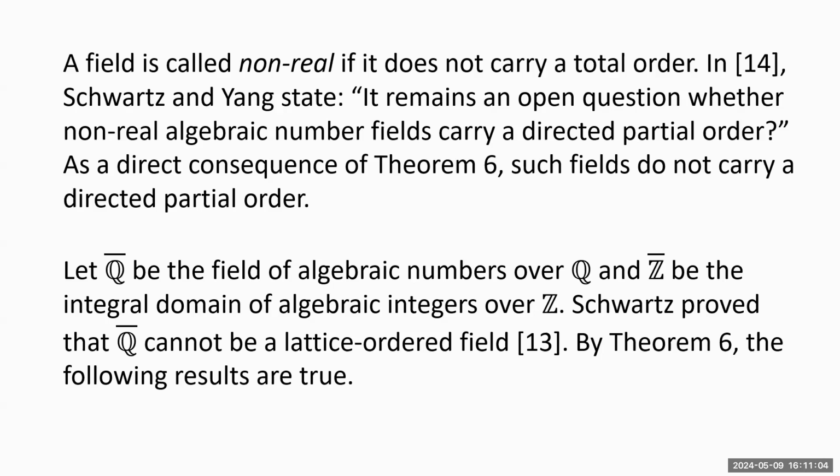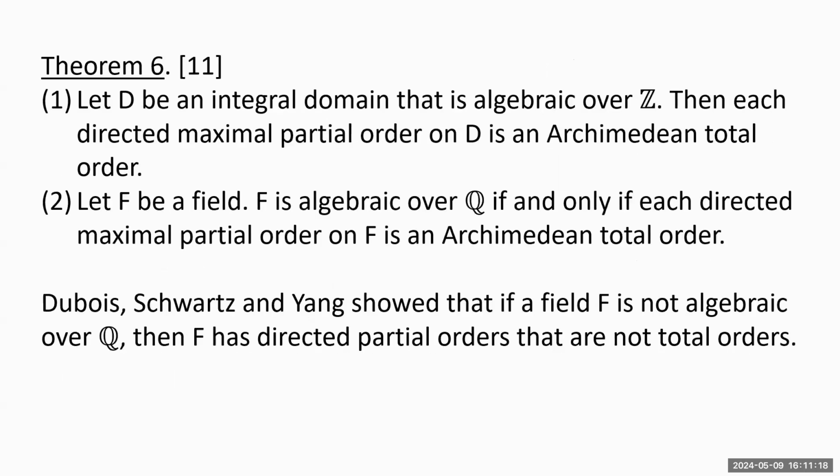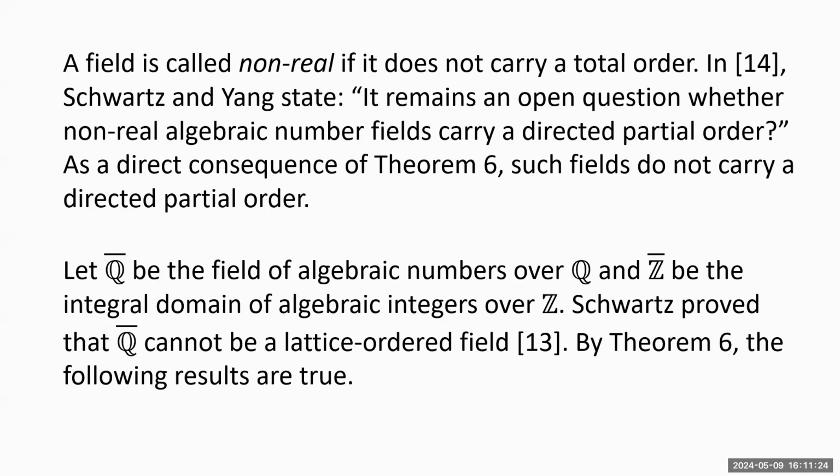Now by theorem 6, the answer is no, because if there is a directed partial order, then it contains a directed maximum partial order, but we know by theorem 6 that a directed maximum partial order will be a total order. That's not possible because we assume the field is non-real.